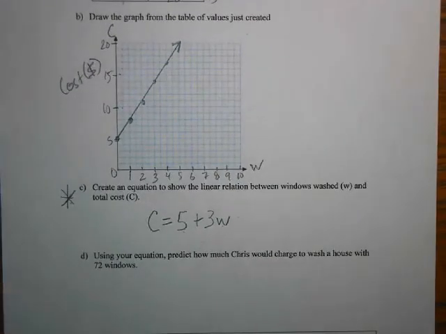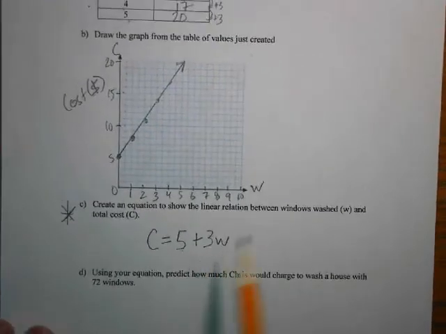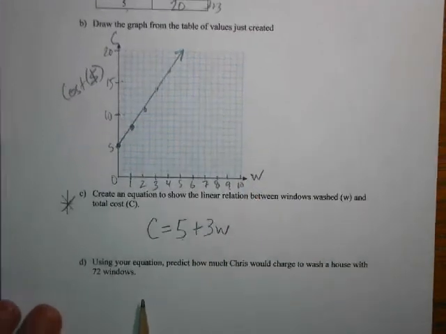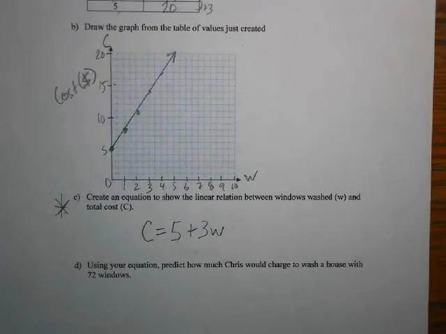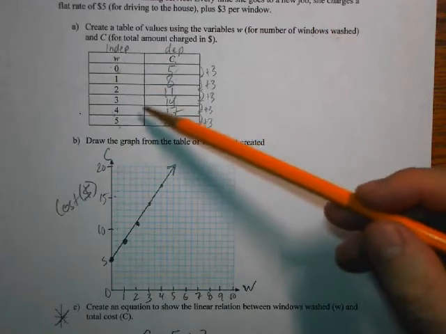Okay, so why is the equation so important? Like I said before, we can now use this to predict any value we want, and it's going to be 100% accurate. It's not guessing. For example, this question says, using your equation, predict how much Chris would charge to wash a house with 72 windows. If I'm looking at this table of values, it only goes up to 5.